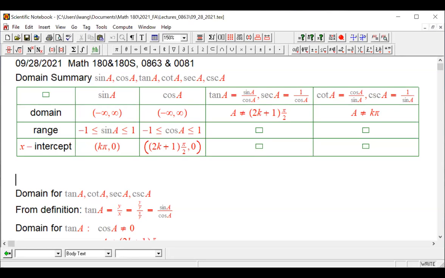I'd like to bring out another thing that can also be derived from the definition. We're still digging deep in the definition.